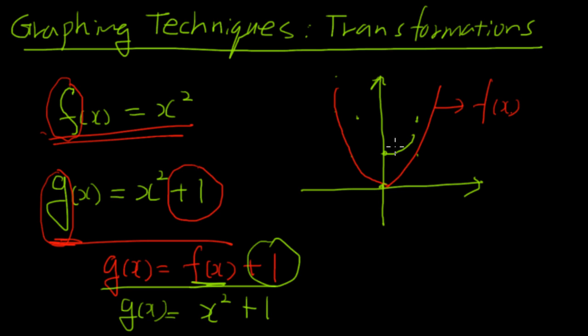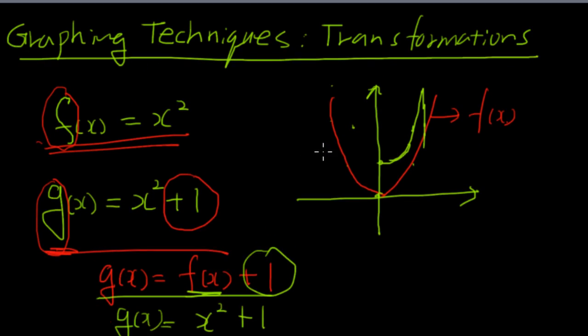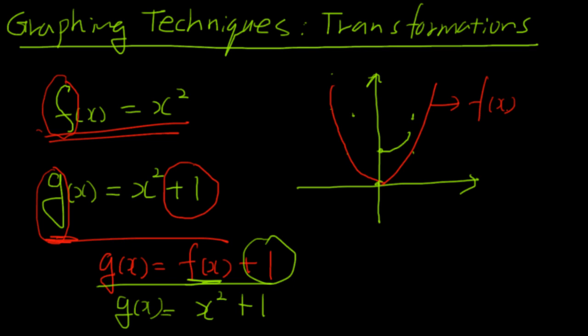So we'll have our new graph. Everything's shaky, so let me redraw it. Our new graph should look like this. From the red, it went up by 1.